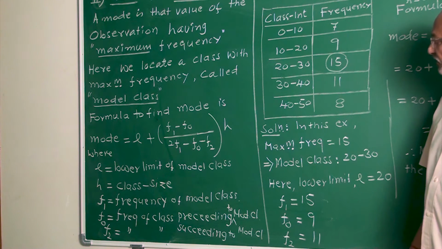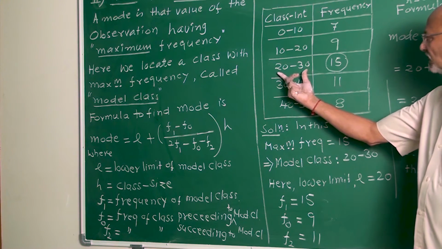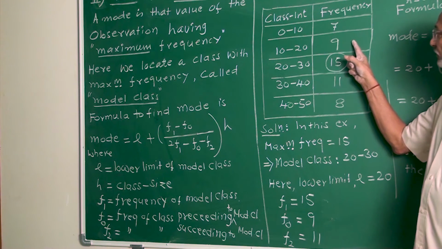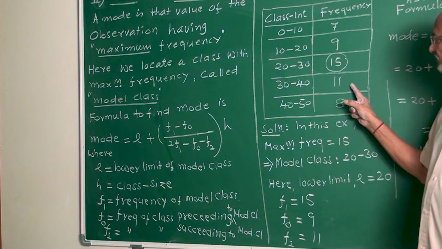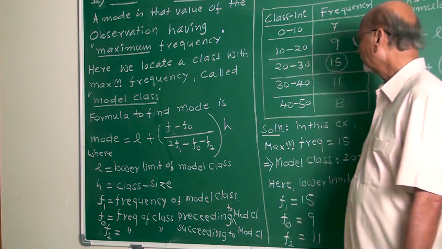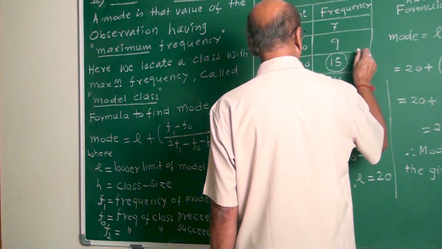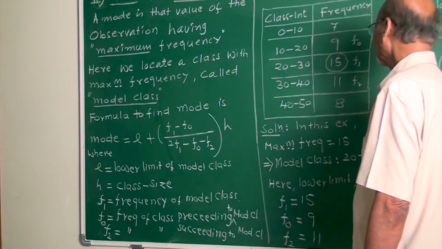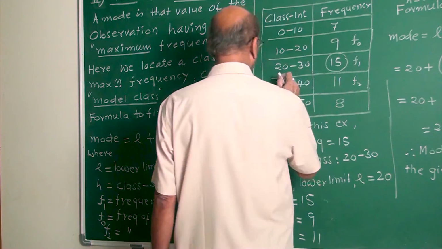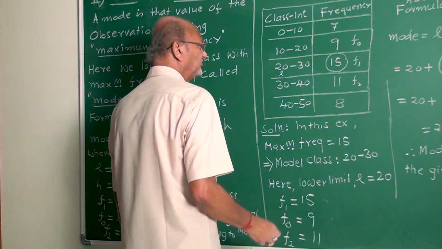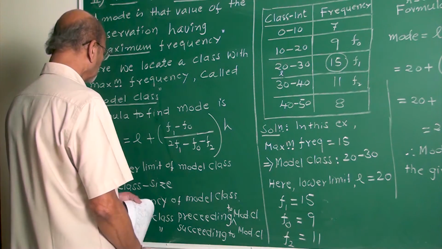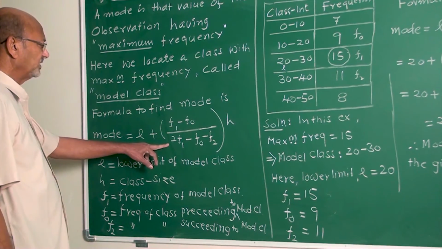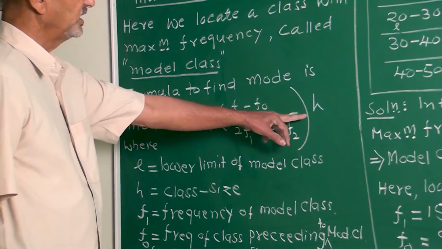Next, F1 is the frequency of the model class. What is the frequency? 15, the maximum frequency. This is F1. Previous is F0. Succeeding, meaning next, is F2. If this is your F1, preceding is F0, succeeding is F2. This is L. After locating all these things, you can go for the formula: L plus (F1 minus F0) upon (2F1 minus F0 minus F2) into H, that is class size.